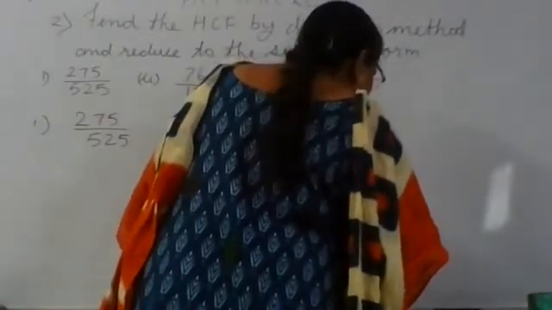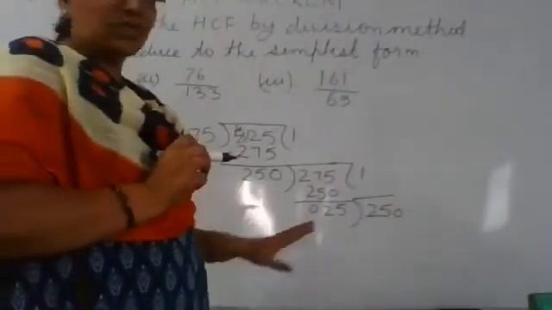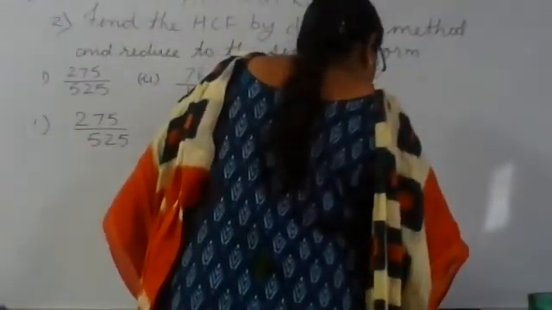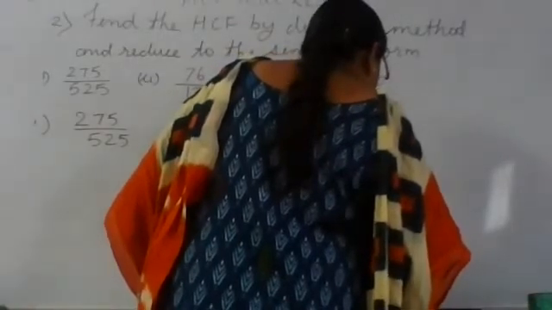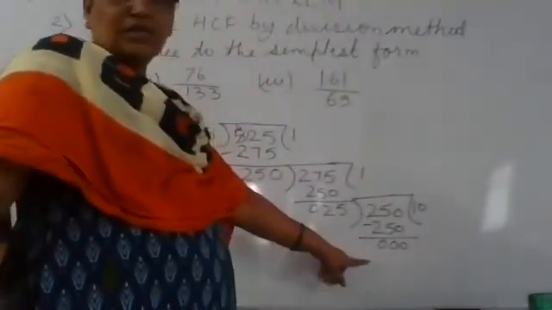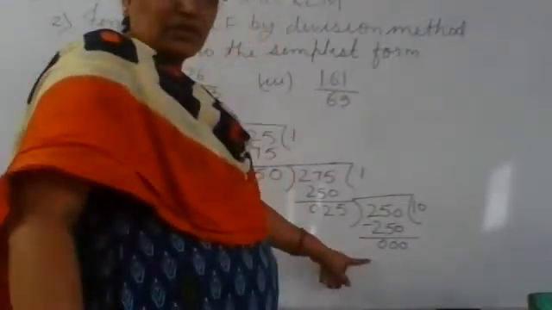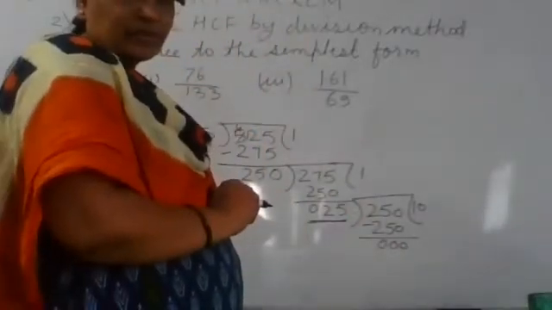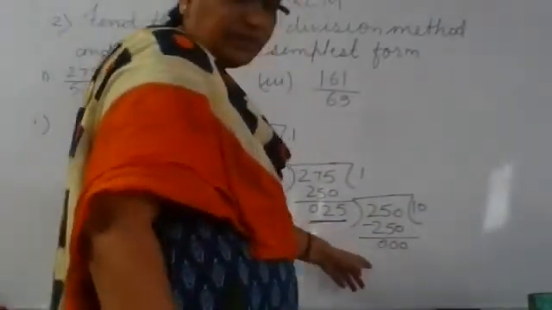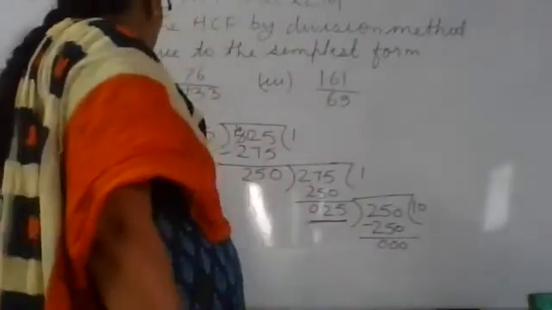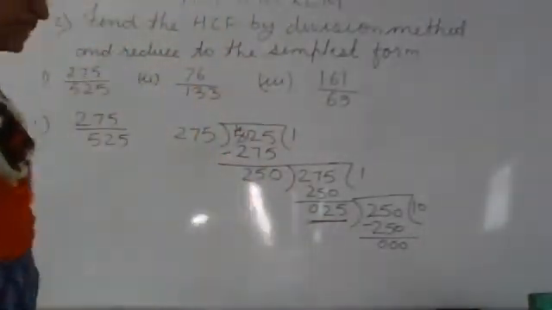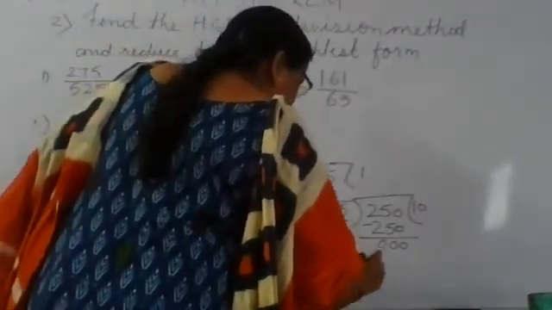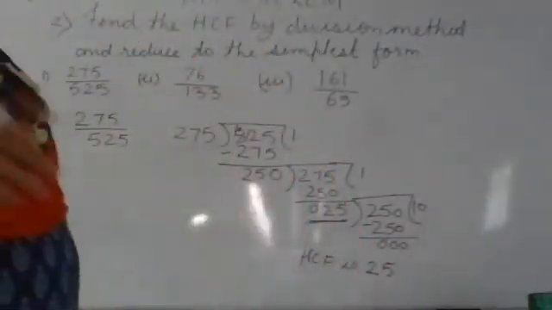You have to continue this process until you get the remainder 0. Here we get remainder 0, so 25 is the divisor. Therefore the HCF of 275 and 525 is 25.